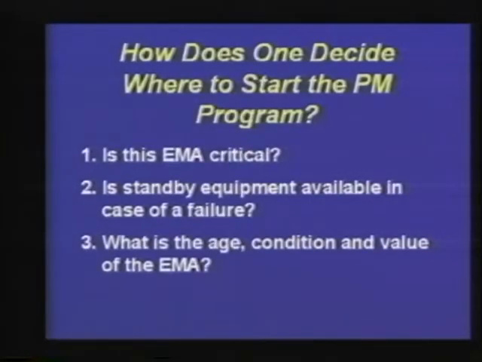Step 3 addresses the age, the condition, and the value of that equipment. In many cases, if we're going to try and install a PM program for a piece of equipment that is not operating up to its full potential or capability, then my recommendation is to develop a major or minor overhaul, bring the equipment up to its standard level of operation, and then institute the PM program for that piece of equipment.